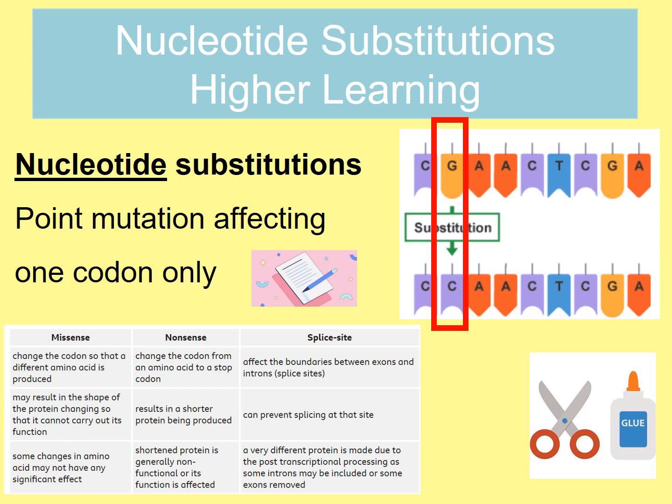Moving on to nonsense, as a result again of a substitution mutation, a codon that used to code for an amino acid is exchanged for one that acts as a premature stop codon.